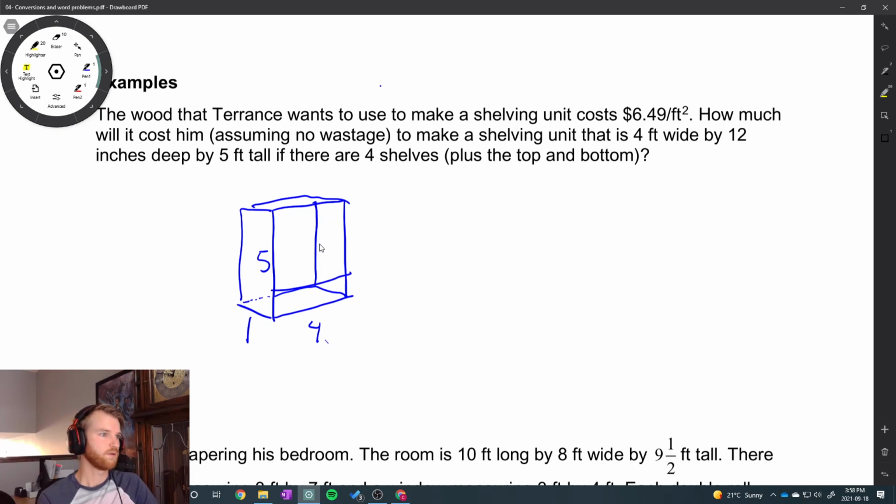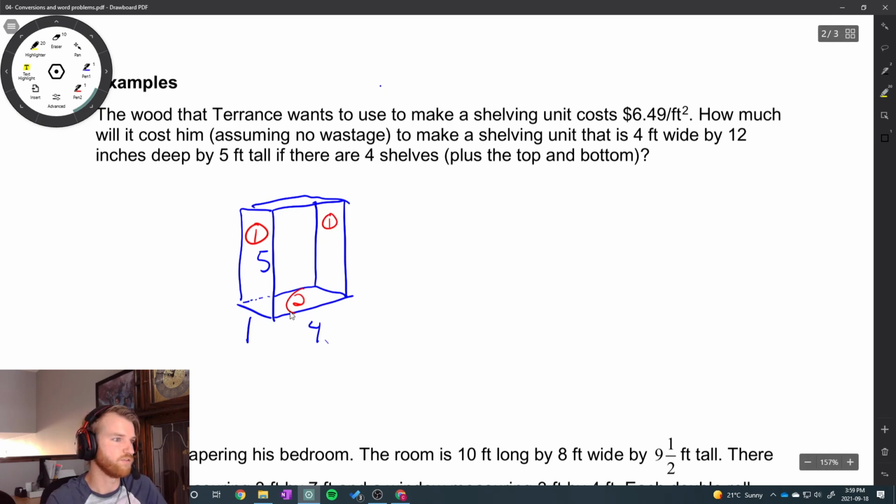So basically, you're going to have this side panel, 2 of those. We call that shape 1. You're going to have the top and bottom. So I'm going to call this shape 2. So the top is also shape 2. And then each one of these shelves is going to come across like this and is going to be exactly the same as the top or the bottom.